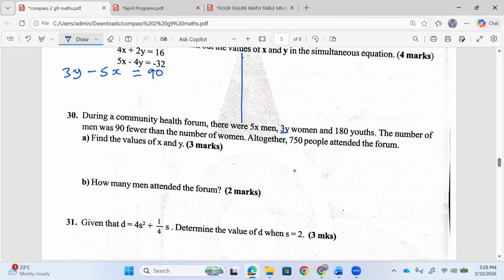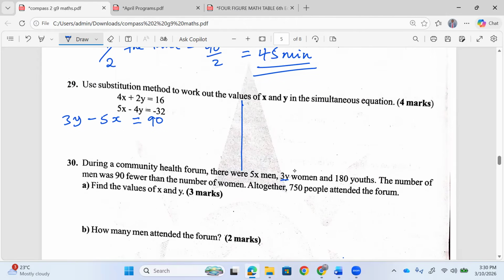Then the next statement, we are also told that altogether 750 people attended. So 750 people attended means when we pick 5X, and we also add 3Y, and we also add 180, which is the number of youths, we should get 750.